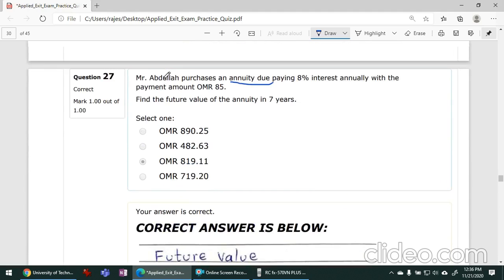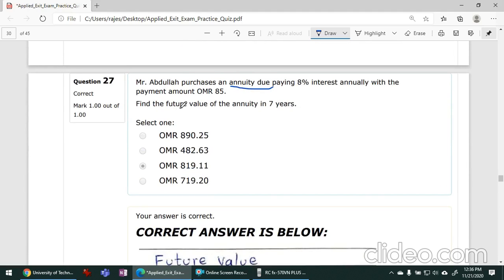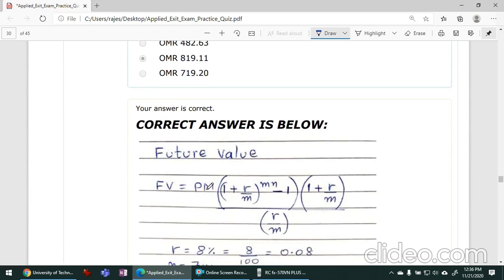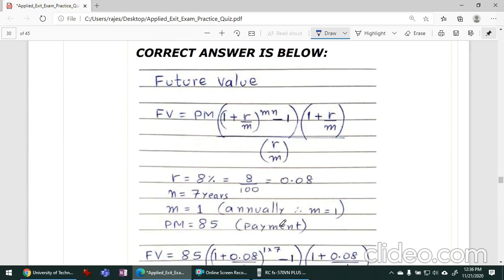So here you have to find the future value of the annuity in 7 years. There is a rule for future value. What is the future value rule? This is a big rule. FV, future value, equal to PMT into ((1 plus R by M) power M into N minus 1) into (1 plus R by M), divided by R by M. Okay, this is a long rule.